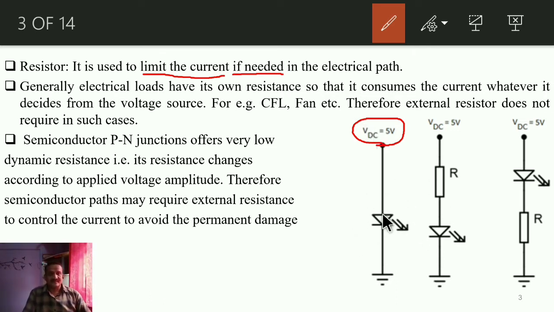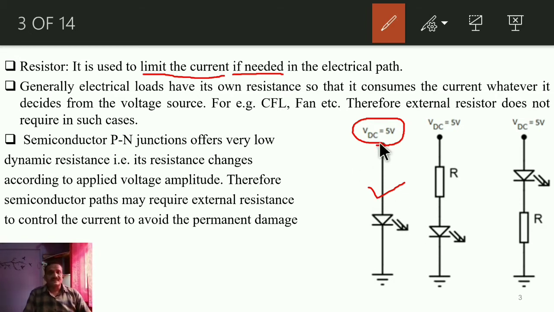Here, in the first diagram, I have shown the LED directly connected to the DC source without any resistor. Still it can conduct without any failure or damage to that LED, light emitting diode.